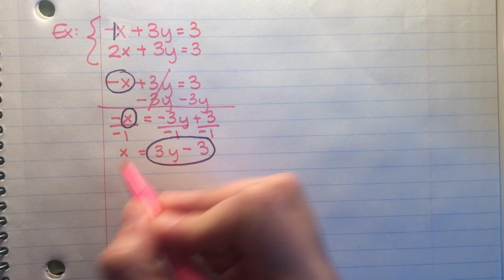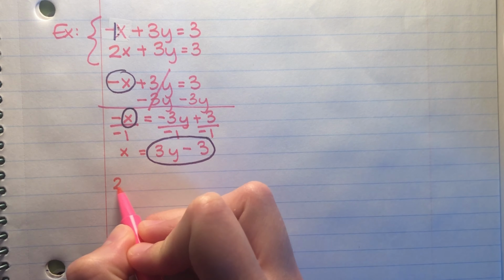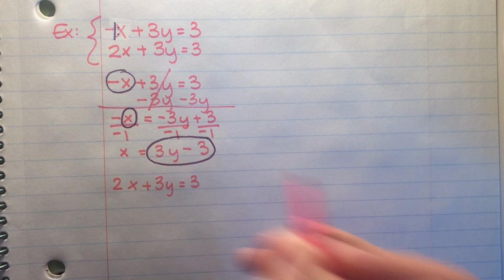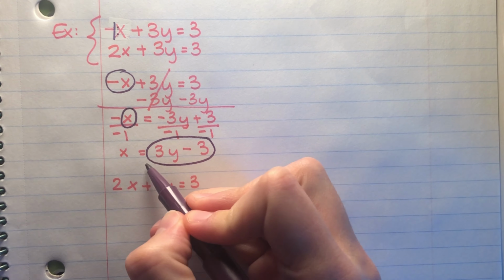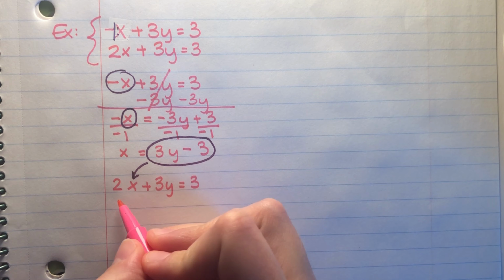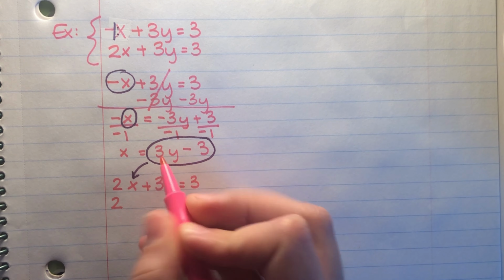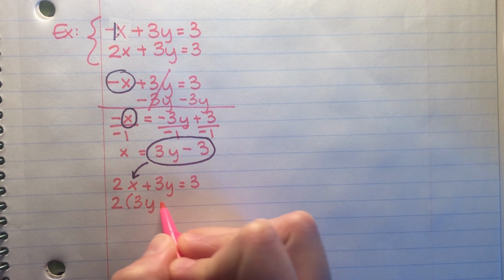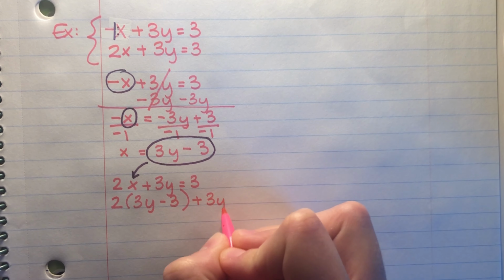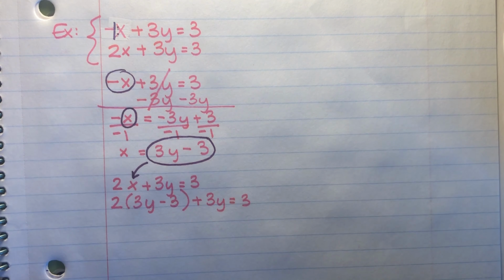So I'm just going to rewrite my second equation down below. So this is 2x plus 3y equals 3. And I'm just substituting this expression in for x. So this is 2 times x, which is 3y minus 3. And then we're rewriting the rest of our equation. So plus 3y equals 3.